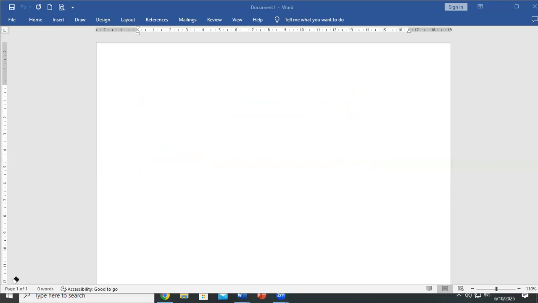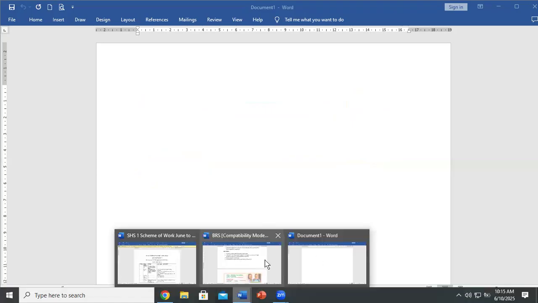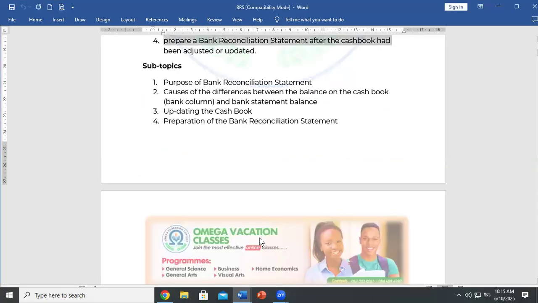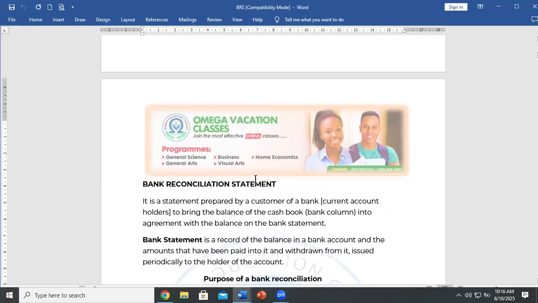So when we talk of a bank reconciliation statement, it is a statement prepared to bring into agreement the balance on the bank statement and the balance on the cash book.